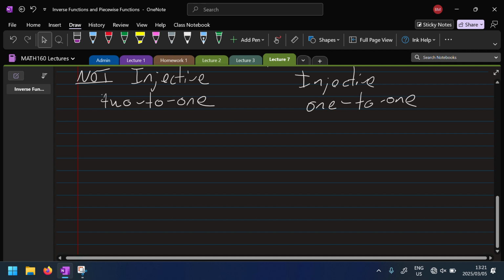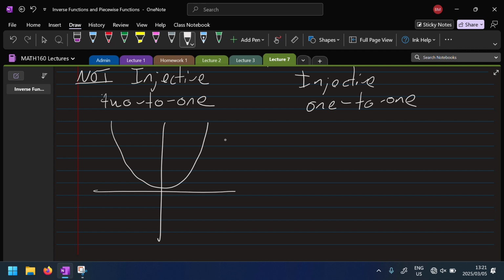Okay, let's look at a more function type example. So here we have the function f of x equals x squared. And this is not injective. Why? Because we can pick a point, let's say here and here. So let's say this lies along y equals 1.